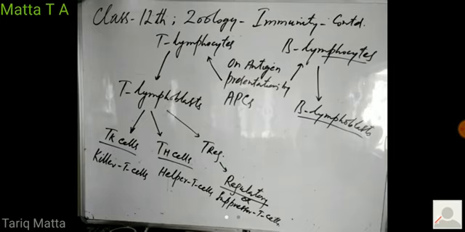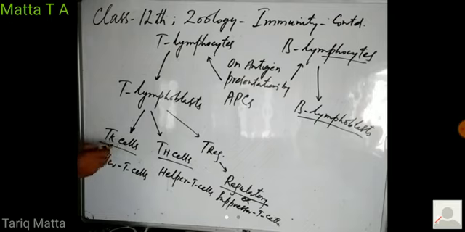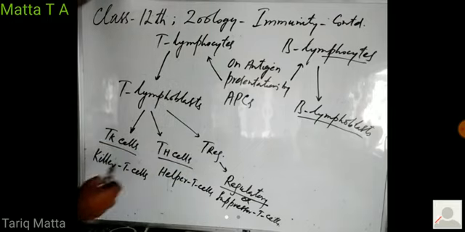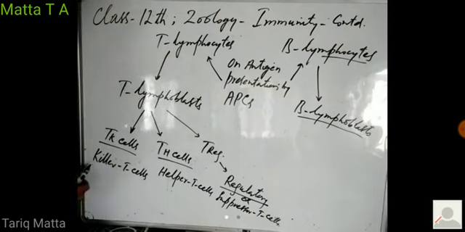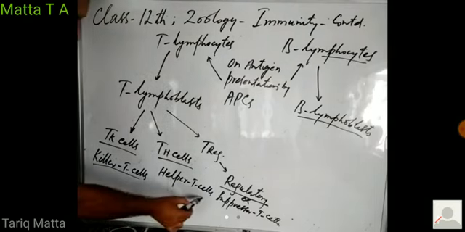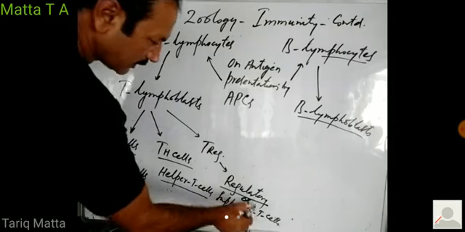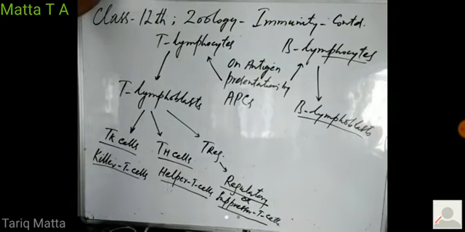So T lymphoblasts divide and give rise to three types of T cells: killer T cells, which we write as TK cells, helper T cells, and regulatory or suppressor T cells.